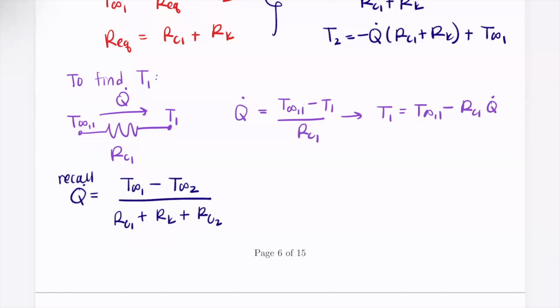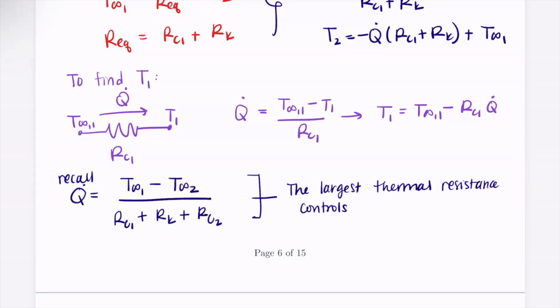It looks like this. So if we look at this, what this means is that the largest thermal resistance controls or dominates the rate of heat transfer.